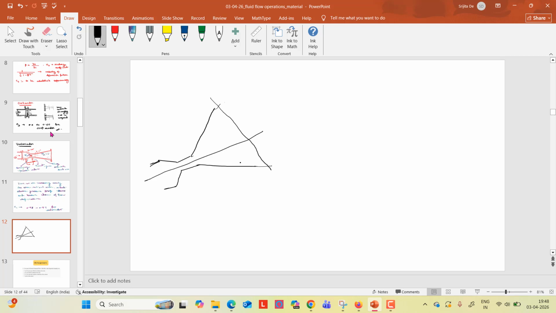Suppose this is an angle with respect to the ground. Okay. So now we want to calculate, this is the inlet section 1, this is the constriction section 2, and from both of these regions there will be a manometer, right?